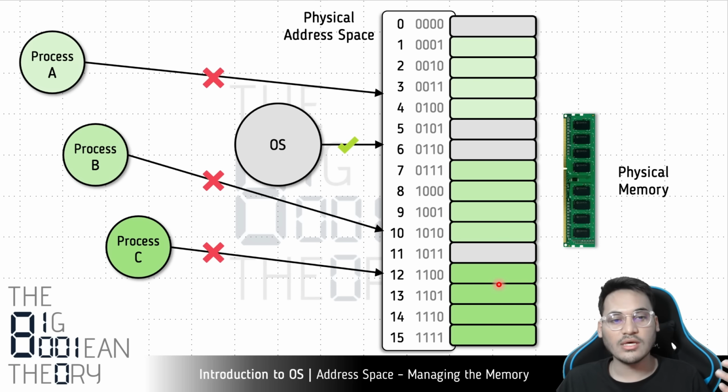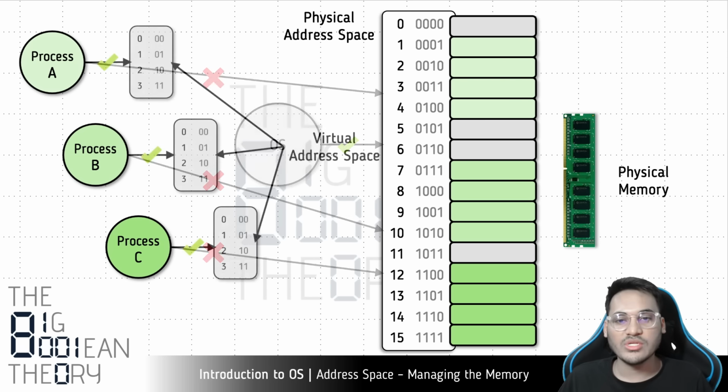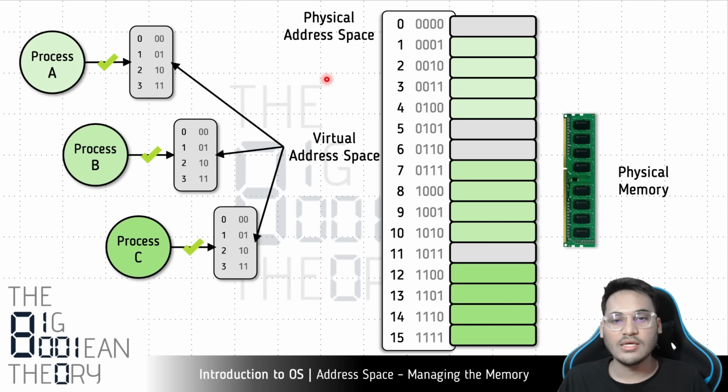So now the question arises: if the processes are not able to access these physical addresses, then how can they access their own data? Let us now see that. What the operating system does is create a separate address space for each of these processes. There are three processes, and for every process the operating system has created a unique address space associated with that process.